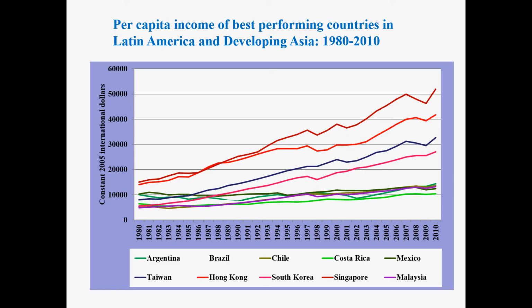Look at this slide. This slide shows that you have a number of developing countries. Four of them are the so-called Asian four little tigers: Taiwan, Hong Kong, South Korea, and Singapore. During the early 1980s, these four countries were almost at the same income level as Chile, Brazil, Argentina, Mexico, and so on and so forth.